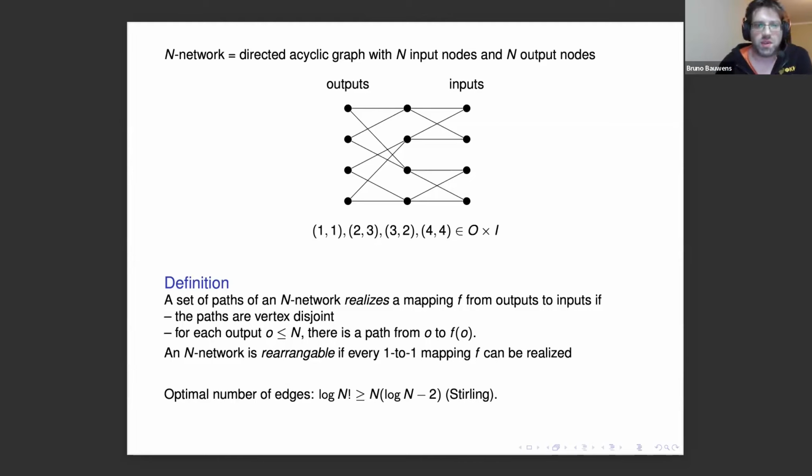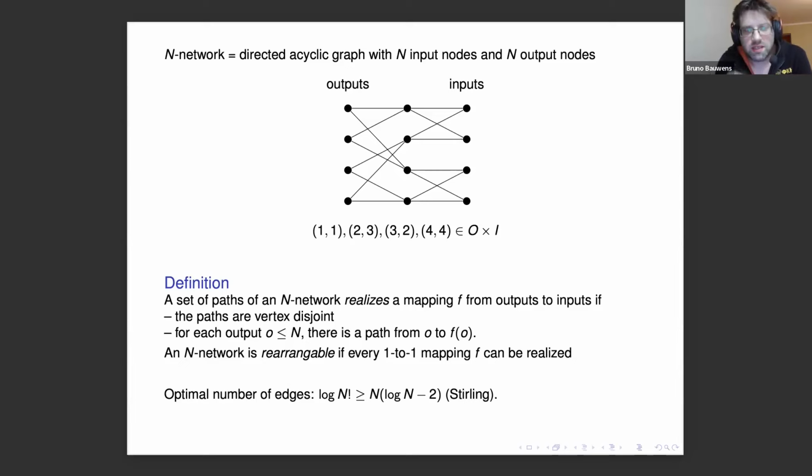That's a network in which every permutation can be realized. And what does it mean to be realized? It means that for every permutation, we can point at N vertex disjoint paths, of course, each connecting an output to its input.